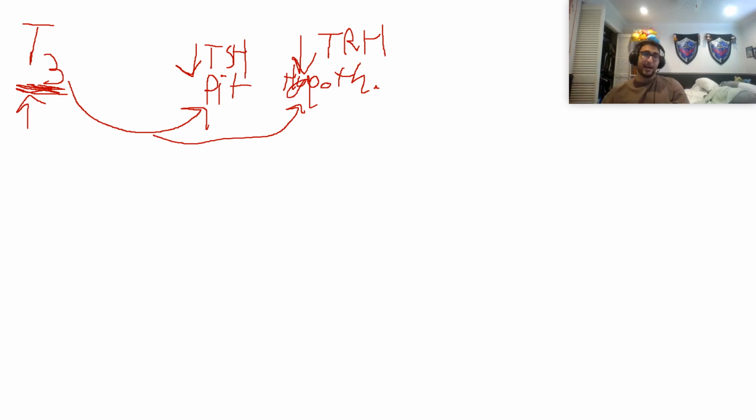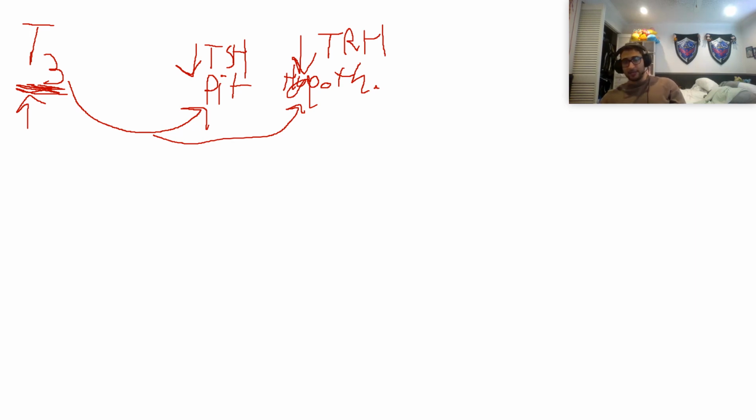And on top of that, the TSH synthesis itself is being suppressed by thyroid hormone. And it's very important that thyroid hormone stays in the right range. Okay, so this feedback loop is really important physiologically. You must understand that as you increase T3, you're going to have decreased TSH and TRH from the pituitary and the hypothalamus, respectively.